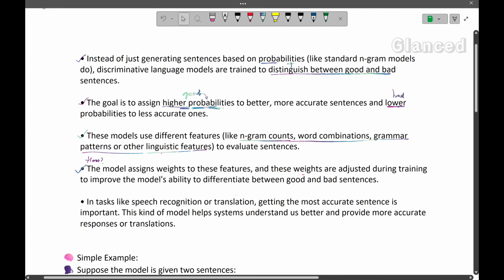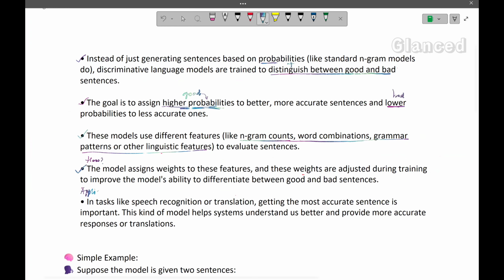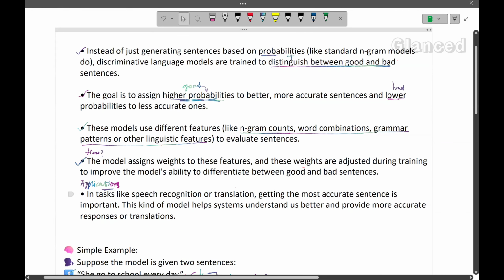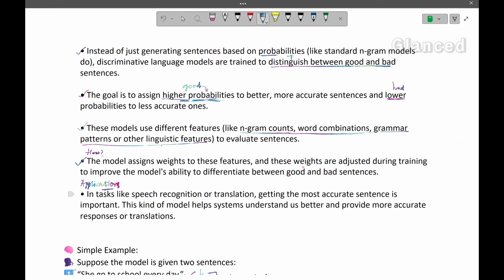But where are we going to use these kinds of language models? Where you need accurate results, during speech recognition and during translation, for example in Google Translate.